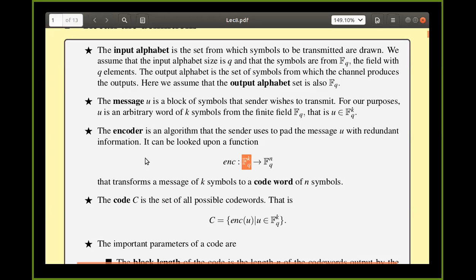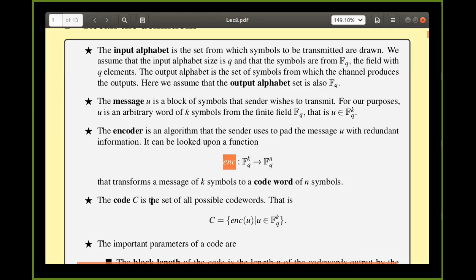Whereas if my code is a linear code, then this encoder function can be represented as a matrix, called the generator matrix. It is now a matrix, and you know that a matrix also transforms vectors to vectors. That we will understand in that context; this is for the general case.